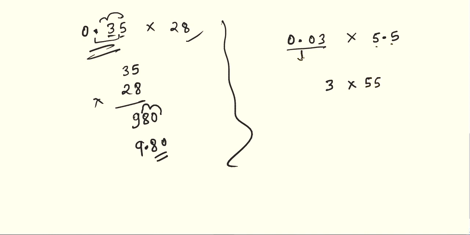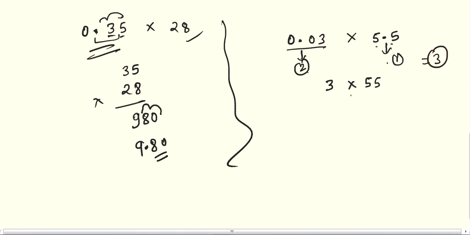Now remember, in this you are having two places after decimal and in this you are having one place after decimal. 2 plus 1, 3. That means after multiplying this 3 and 55, the value you will get, you have to place the decimal there. Clear? So 3 into 55, you will get 165.